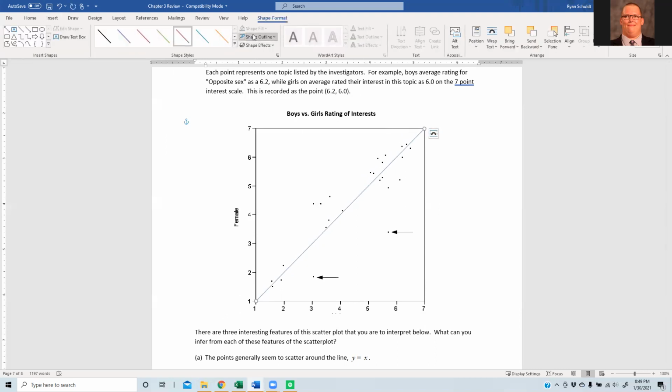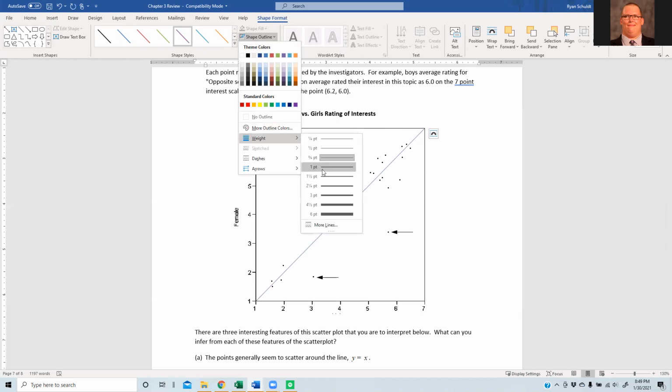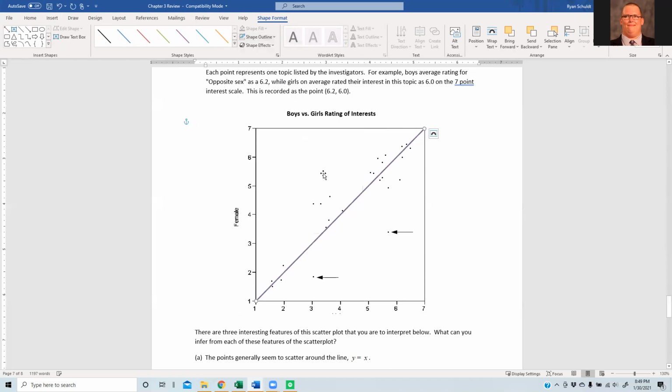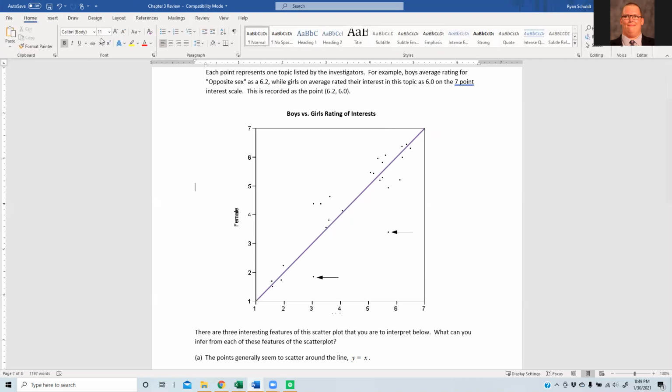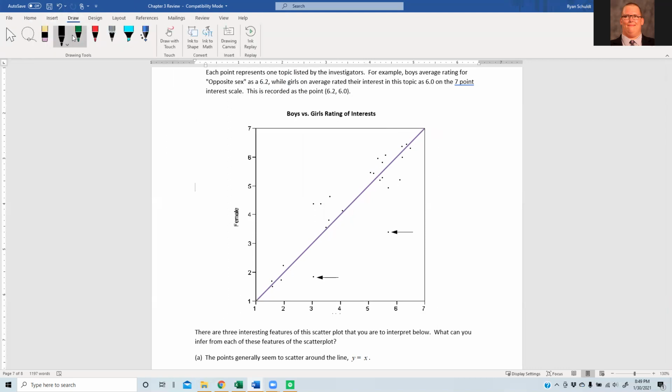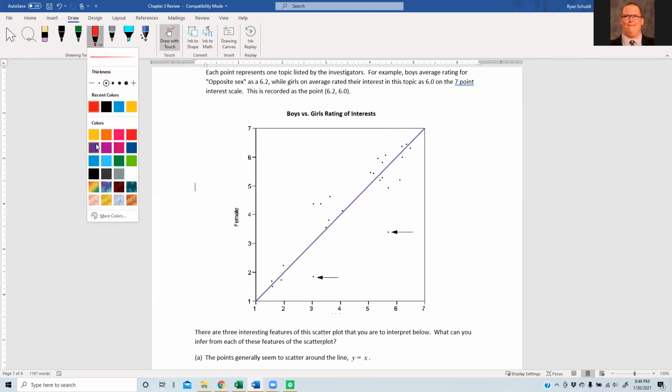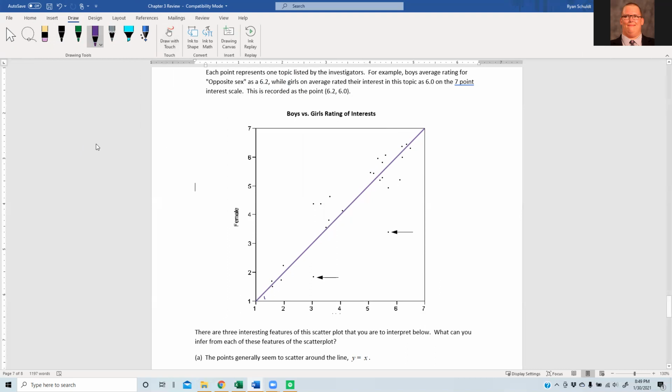Yeah, they fall pretty close to it. So this line right here is the line y equals x.